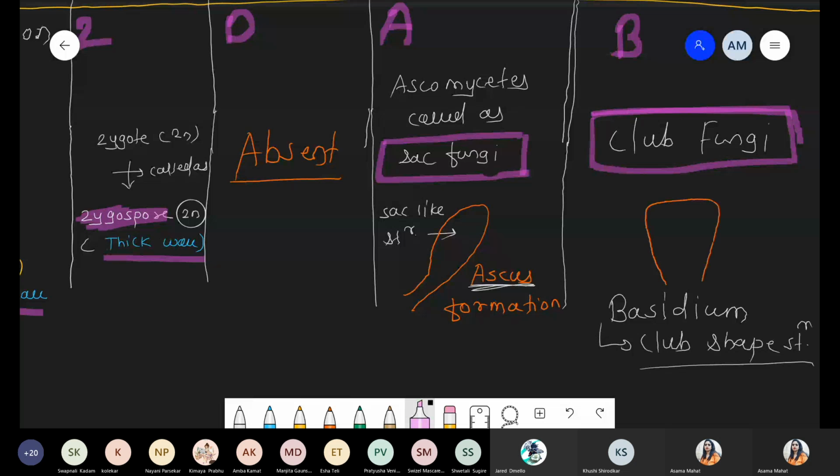Okay, so we are talking about two important scenarios: club fungi because of the basidium, and sac fungi because of the ascus. Ascus has a sac-like structure, basidium has a club-like shape. So quickly we are enlisting all this information together.